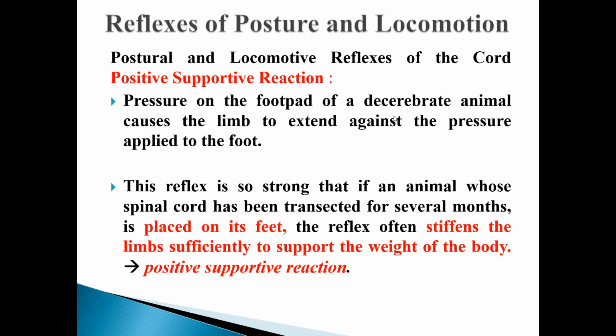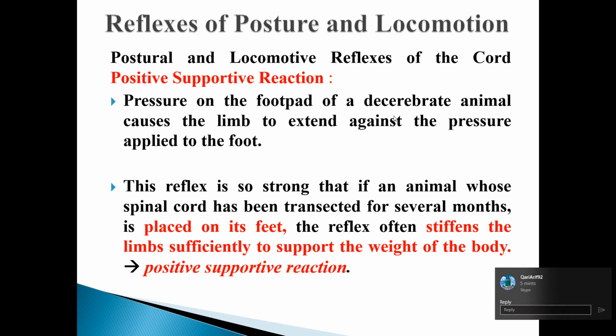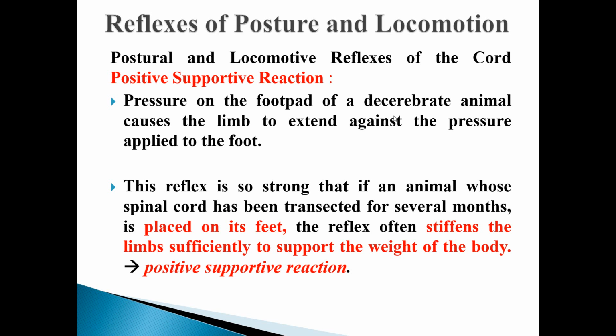This reflex is so strong that if an animal whose spinal cord has been transected for several months is placed on its feet, the reflex often stiffens the limbs sufficiently to support the weight of the body, and this is the positive supportive reaction.